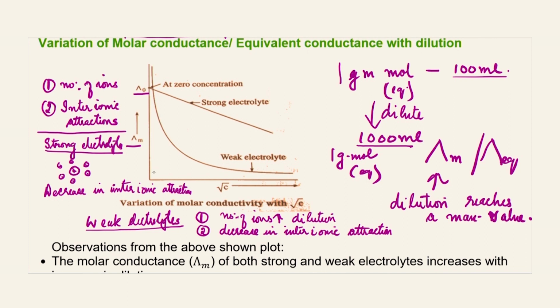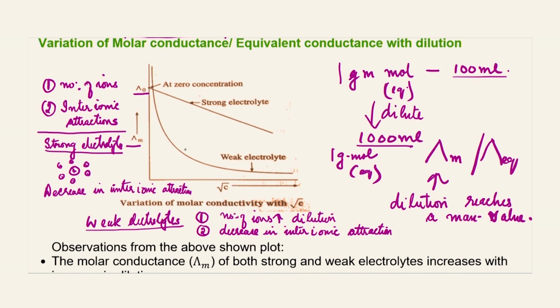We can never take a solution to 0 concentration. You can keep on diluting and measure the values, and finally, you extrapolate the graph or the straight line to the 0 concentration level, and you get the lambda 0 values.